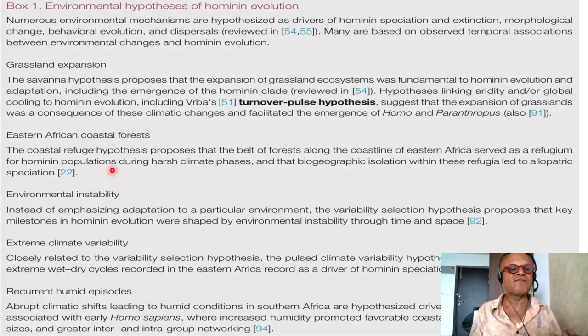Eastern African coastal forests: the coastal refuge hypothesis proposes that the belt of forests along the coastline of Eastern Africa served as a refugium for hominin populations during harsh climate phases, and that biogeographic isolation within these refugia led to allopatric speciation.